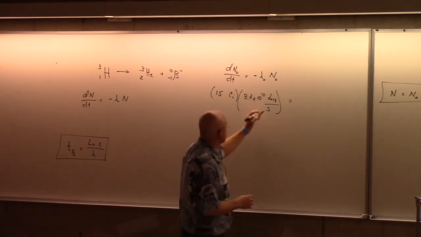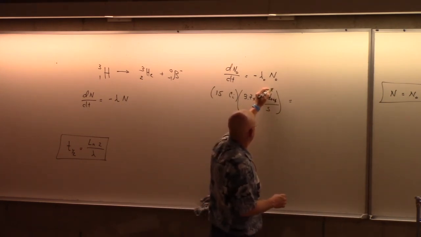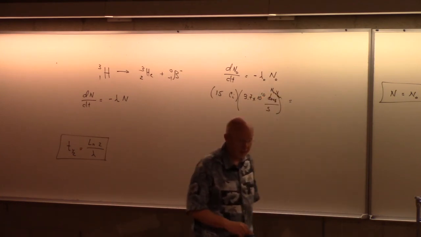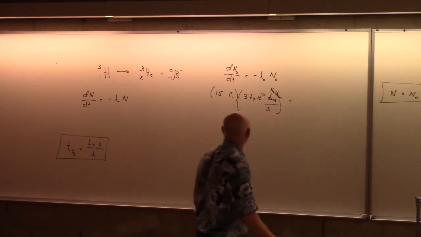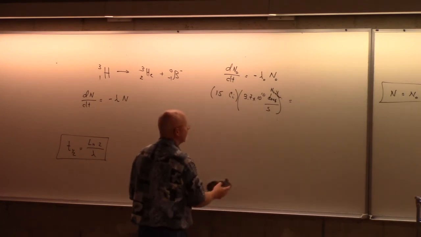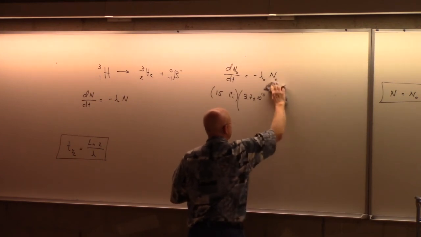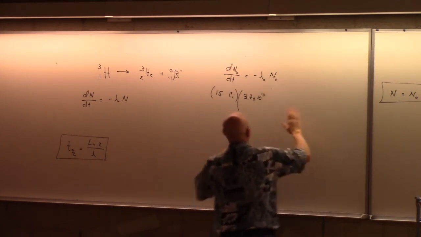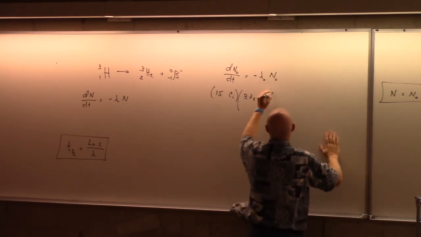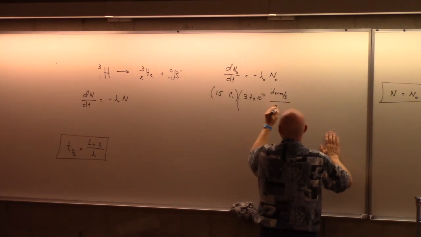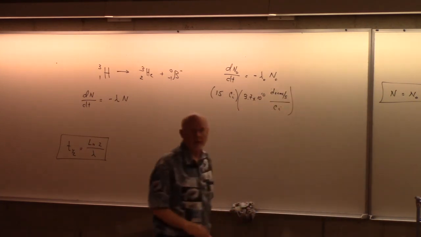That's how many atoms do I have. I guess I should say this many decays per second is 1 curie. That's probably better written that way.